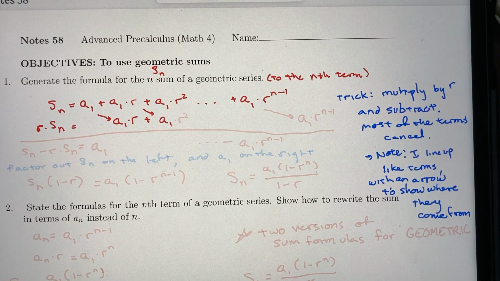This would be a1r squared. This would stick out into space as a1 times r to the n minus 1.